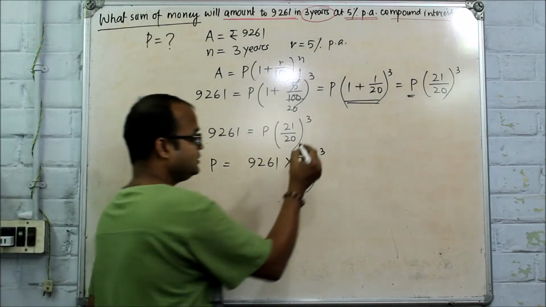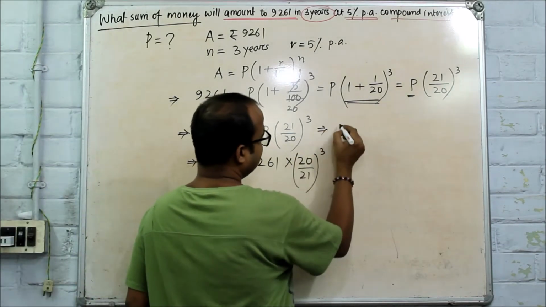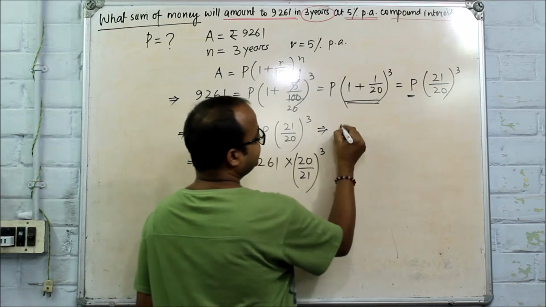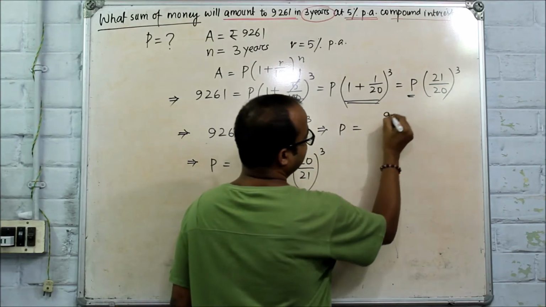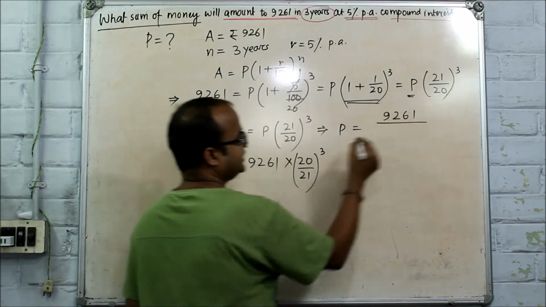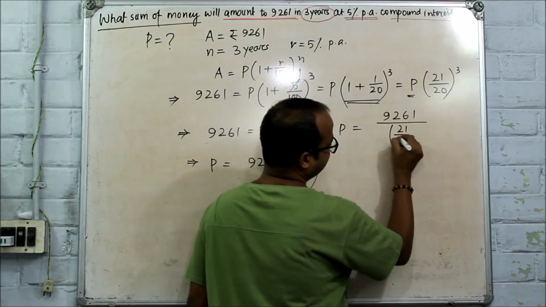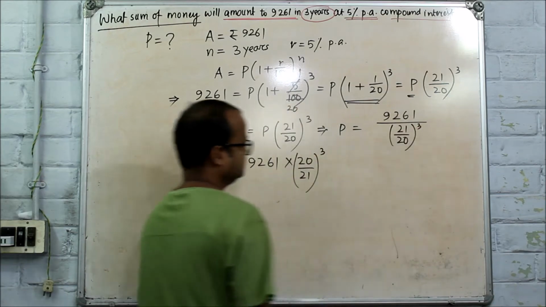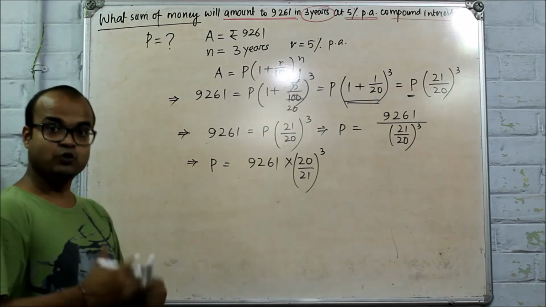Let me show. P can be written as 9261 divided by 21 by 20 cube, when you take this to the other side. I think it will be more clear to you.